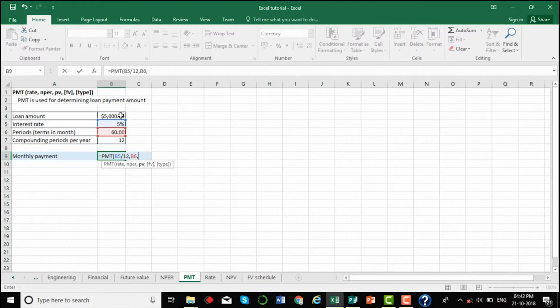The present value is the loan amount, $5,000. And since it's going out of our pocket, we're taking it as minus $5,000. And the future value and type is optional. So close parenthesis, enter. So for paying this loan amount at this interest rate with these many periods, the monthly payment is $93.